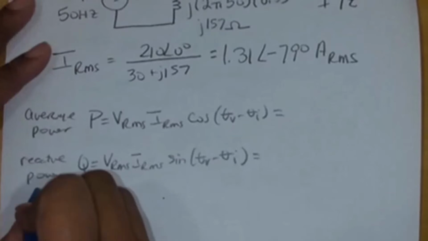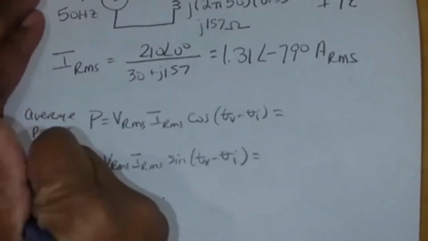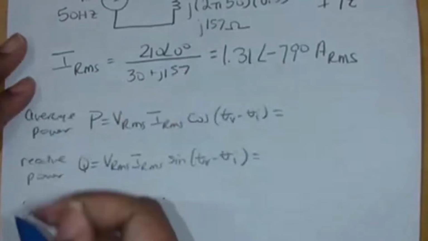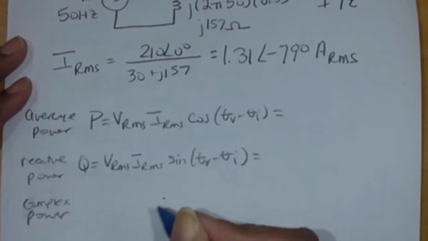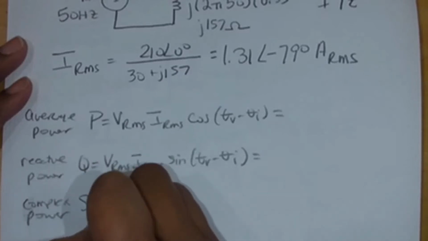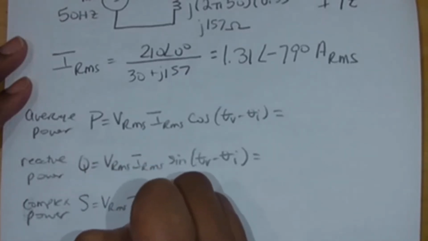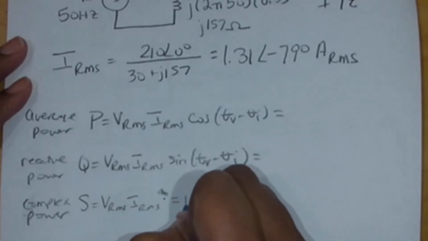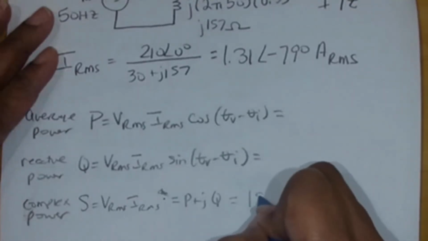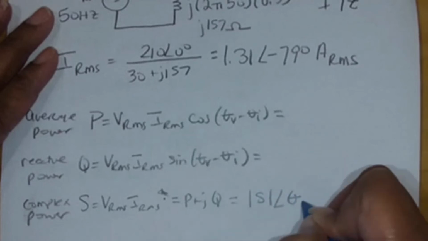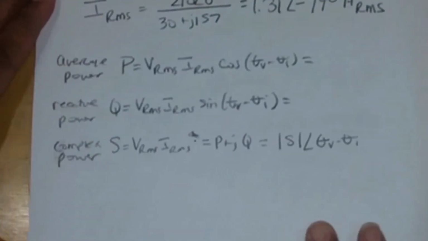Complex power I can either do as VRMS times IRMS conjugate, or P plus jQ. And then the apparent power is the magnitude of S, with that angle.